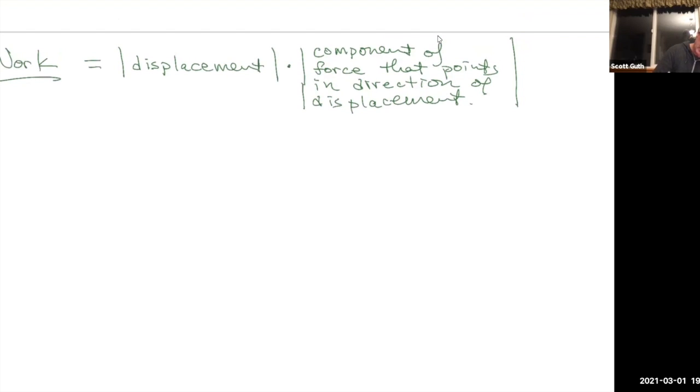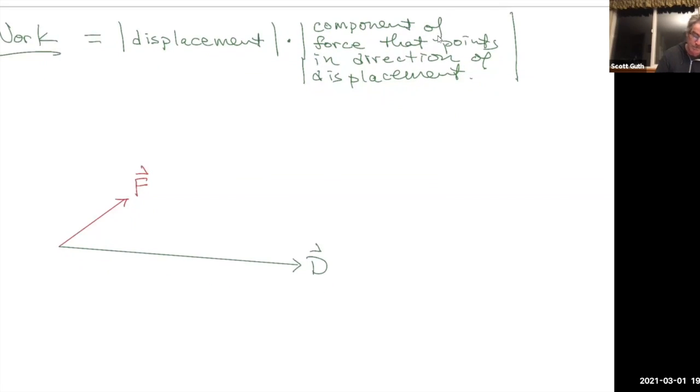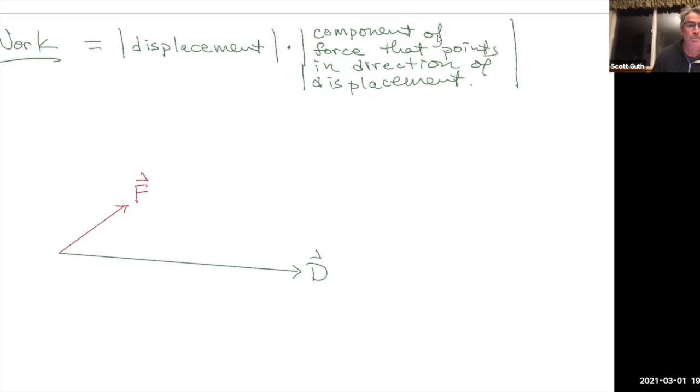And then we just draw a little picture here. So let's say this is a force vector here, like that. And then I'll do a displacement vector, like that. I'll use a D for displacement. That's just the path you've moved from one point to another, okay?